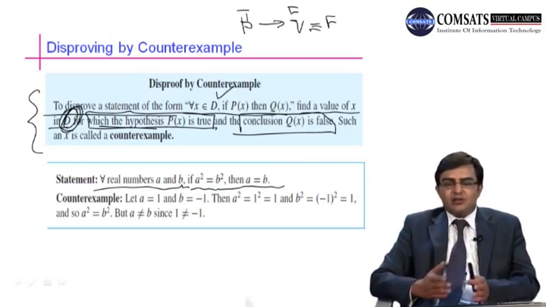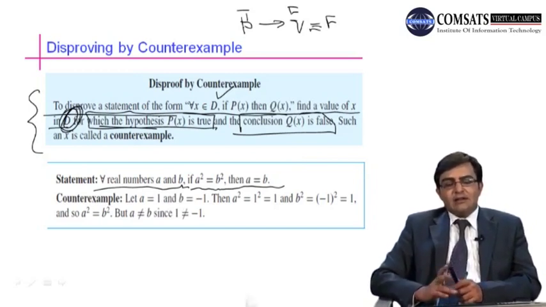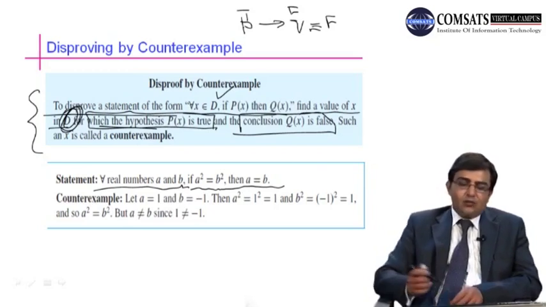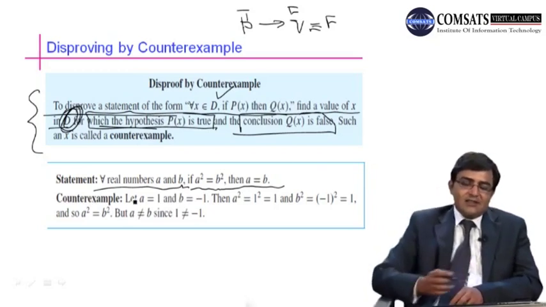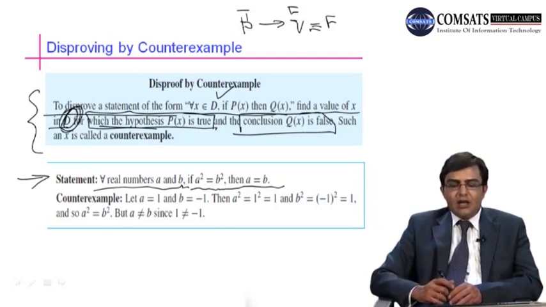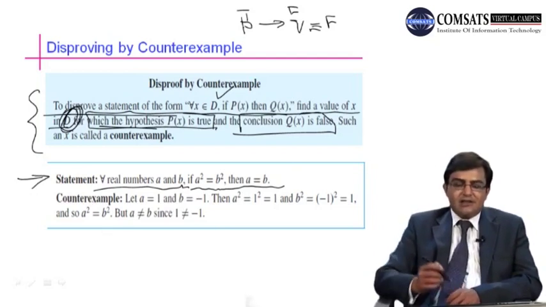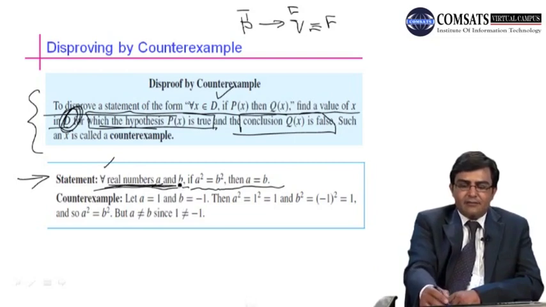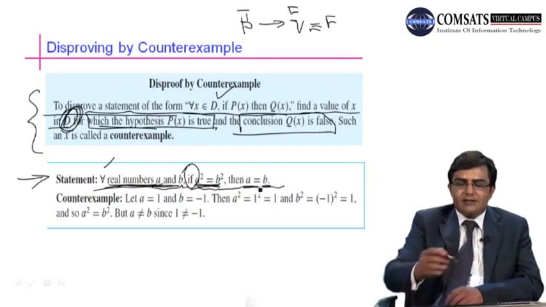So this is what we are going to do here, disproving statements or propositions by giving a counterexample. A counterexample is a particular example, you can say. We are going to disprove this statement, which is written in the universal conditional form: the domain is all real numbers a, b, this is p of x, and this is q of x.